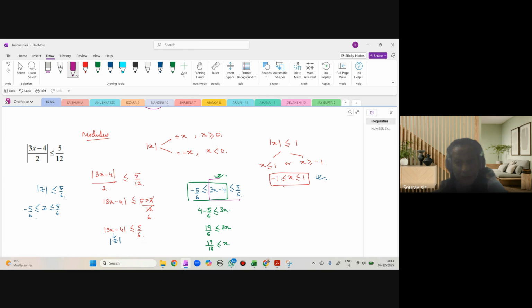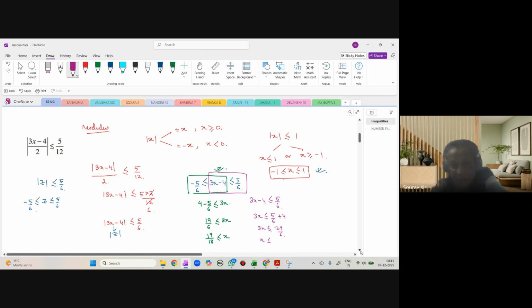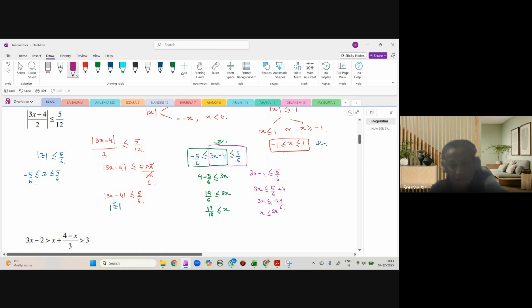Okay, sir. Then you take the other side, you get 3x minus 4 less than equal to 5 by 6. Right? So you get 3x less than equal to 5 by 6 plus 4, or 3x less than equal to 29 by 6, or x less than equal to 29 by 18. Right?